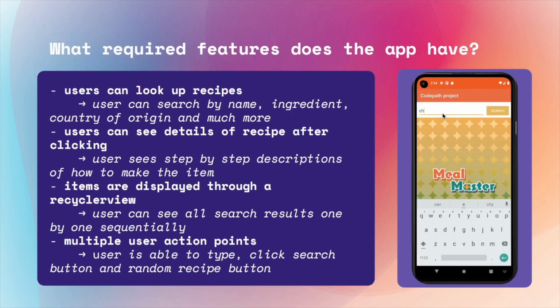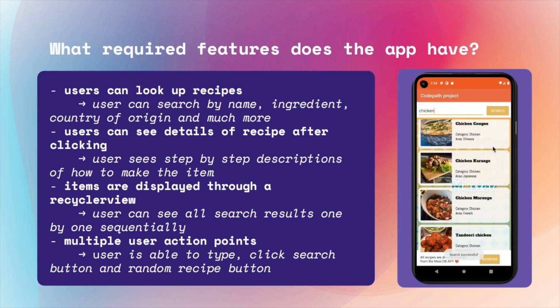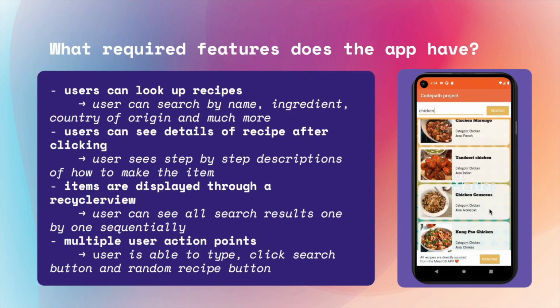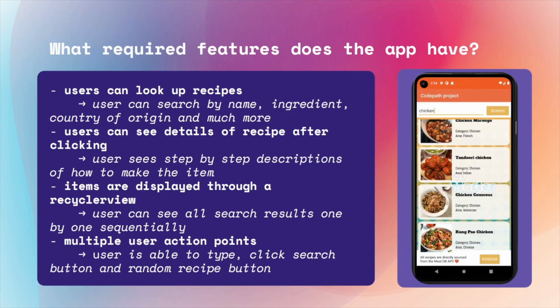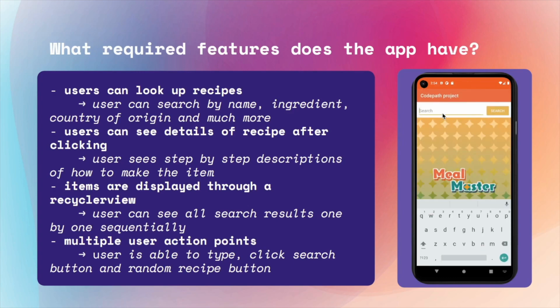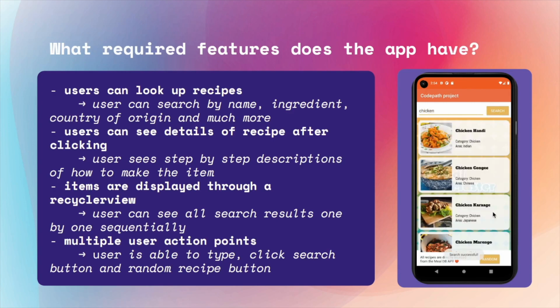On this slide, I'll cover the list of required features that we decided on and implemented for our app. Starting from the top, the app allows users to look up recipes in the search bar by typing a letter, a name, an ingredient, an area or culture that the recipe belongs to, and so on.